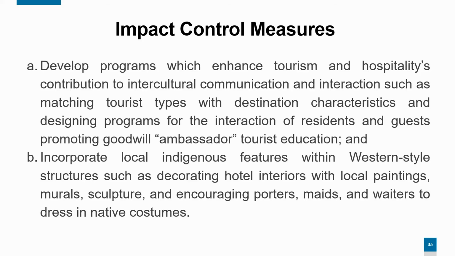First is to develop programs which enhance tourism and hospitality's contribution to intercultural communication and interaction, such as matching tourist types with destination characteristics and designing programs for the interaction of local residents and guests, promoting goodwill ambassador tourist education, and incorporating local indigenous features within Western-style structures, such as decorating hotel interiors with local paintings, murals, and sculpture, and encouraging porters, maids, and waiters to dress in native costumes.